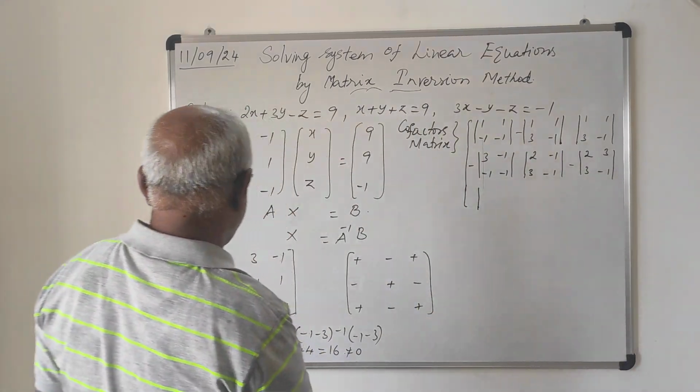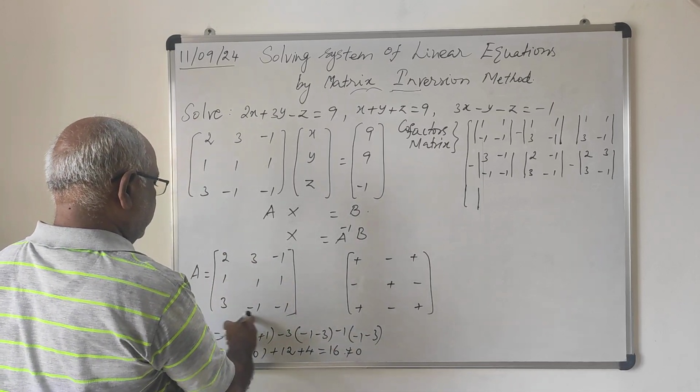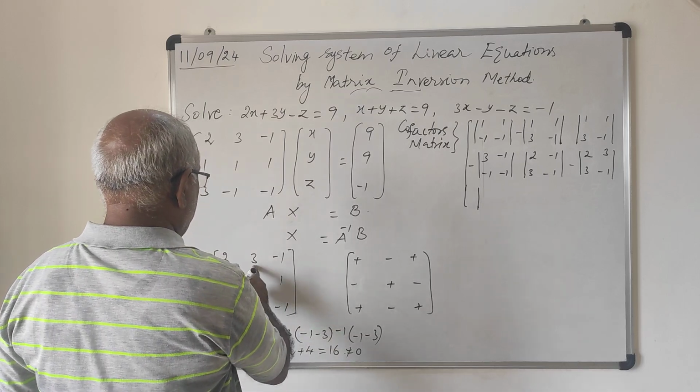Similarly, A31, the cofactor of 3, has a plus sign. Eliminating the third row and first column, we get 3, -1, 1, 1.